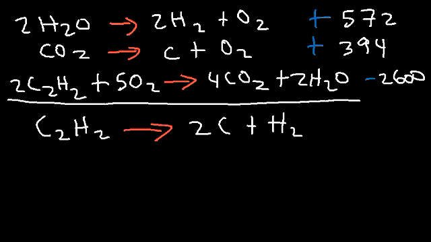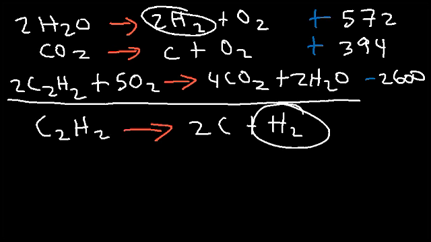So which species or substances should we not focus on? Don't focus on O2. It's found in multiple reactions. Don't focus on CO2. And let's not focus on water. So in the first reaction, we should focus on H2. It's only found in reaction 1.